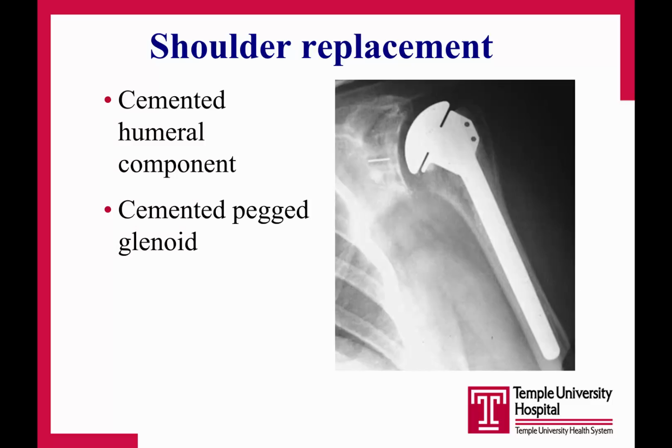And again, here you can see a completed total shoulder replacement. You have here a radiolucent marker, which shows you the orientation of the cemented polyethylene liner, and that is the only radio-opaque portion of the liner for the socket, but you can faintly see here the outlines of the other pegs, and then the new joint surface.